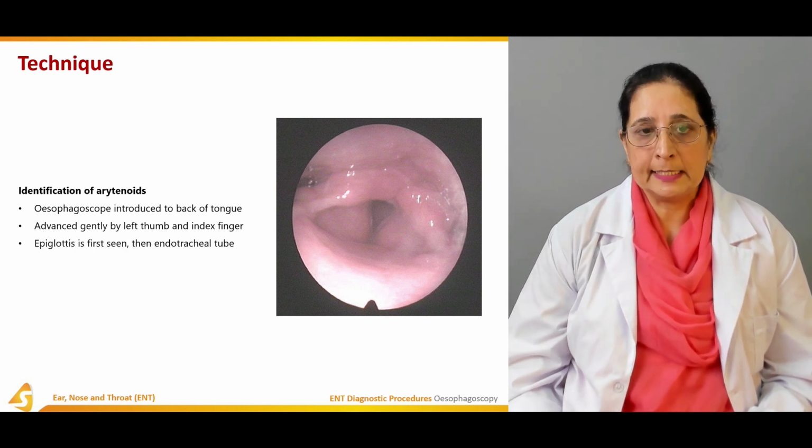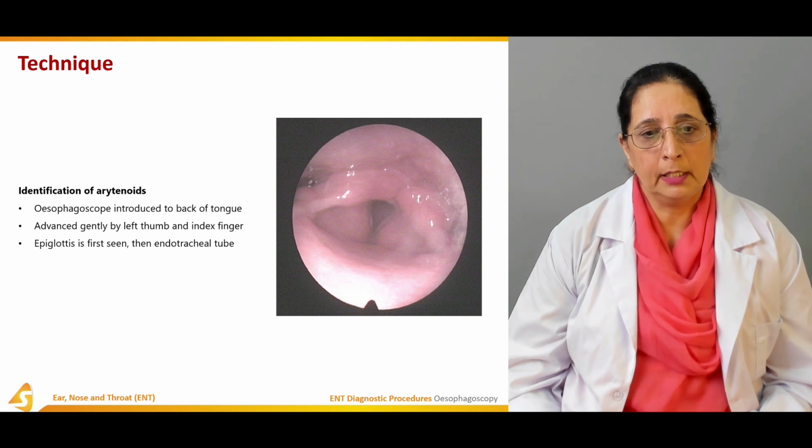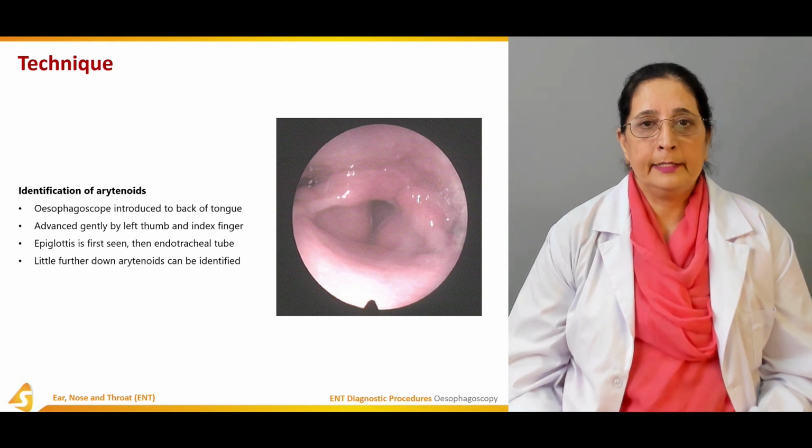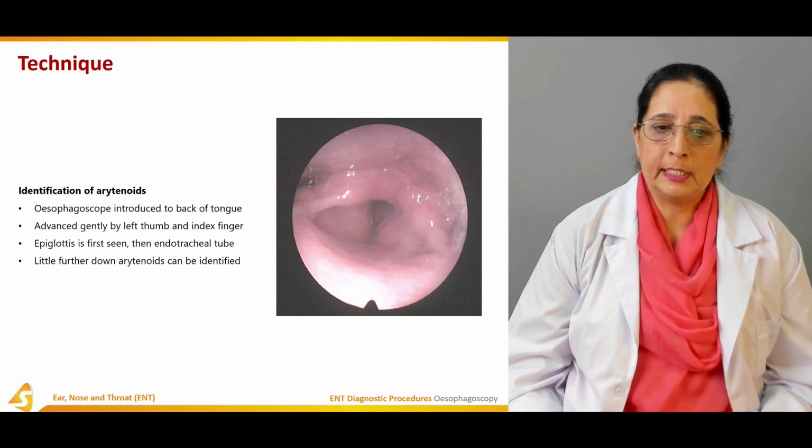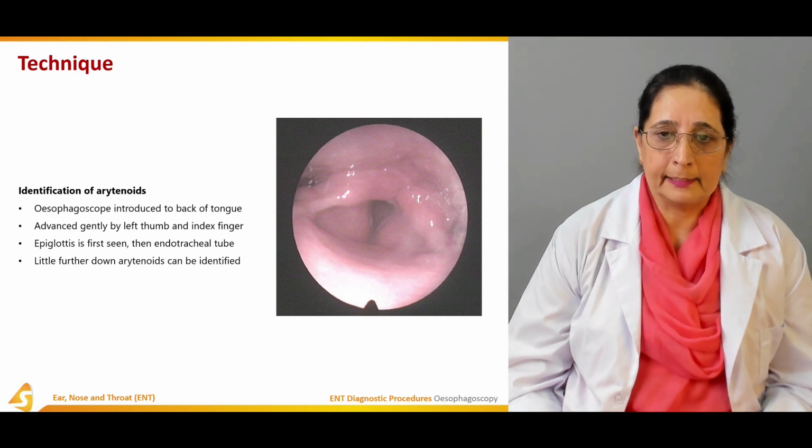The epiglottis is first seen, then the endotracheal tube. A little further down, the arytenoids can be identified.